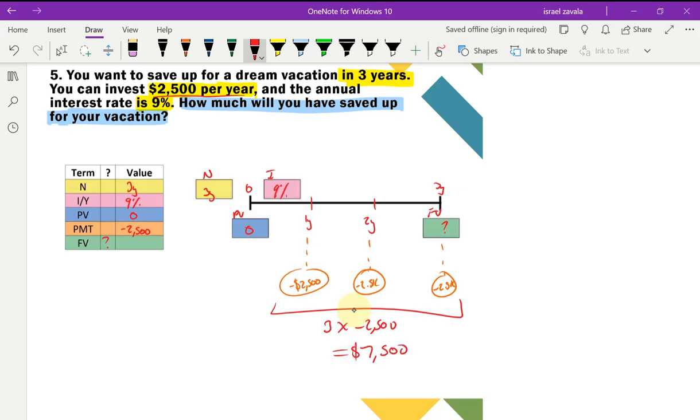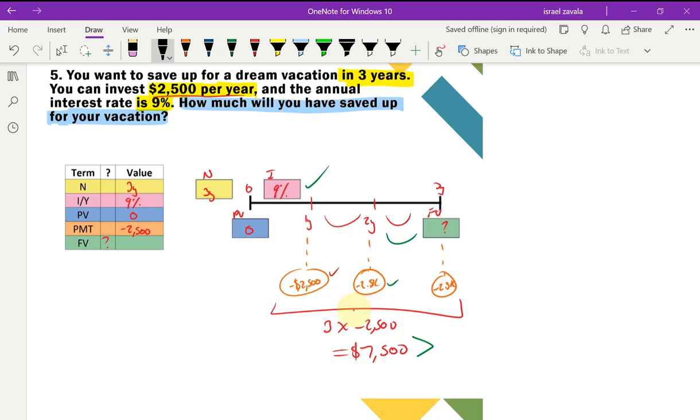But because this payment here is being compounded 2 years, we know that money is growing. And this payment here is being compounded by 1 year, we know that that money is also growing. So we know that the answer must be larger than 7,500, because that's just if we put that money under the mattress. In this case, we're investing it at 9%. So we expect it to be larger.